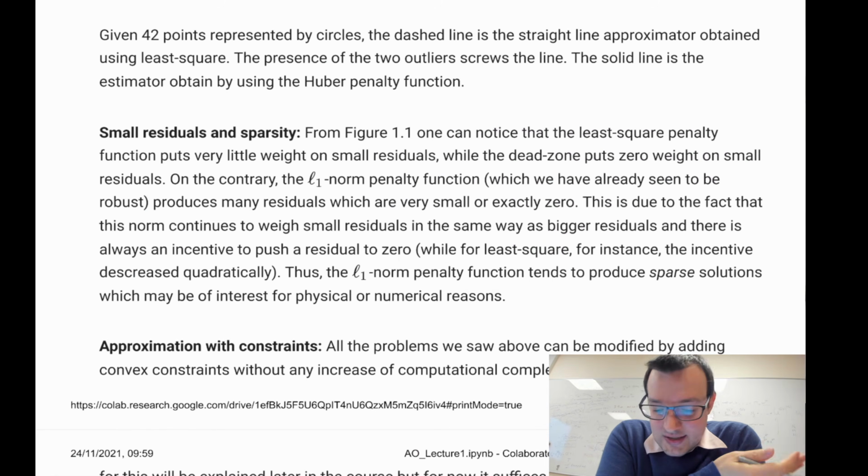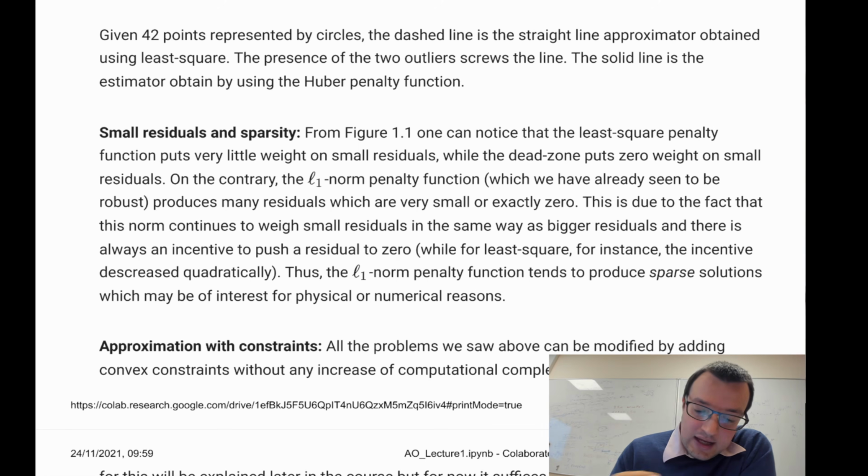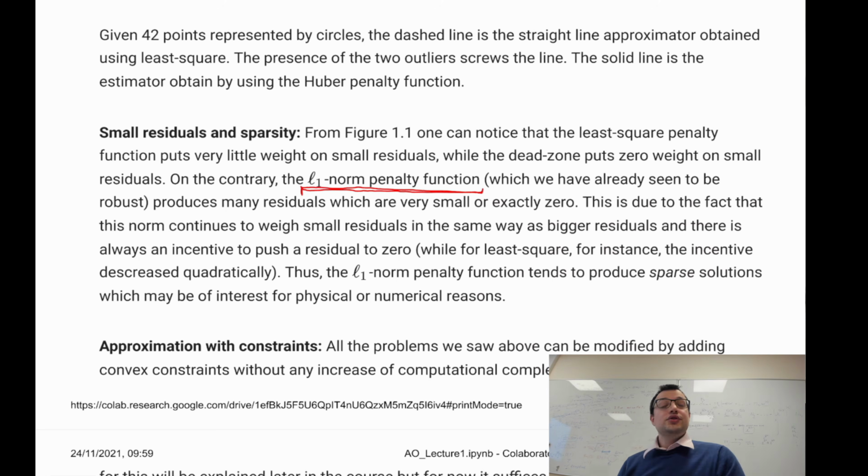We already discussed the fact that the L1 norm produces a lot of residuals which are 0. This is an important property of the L1 norm. So the L1 norm is a very important norm. It also produces robust results, as we will see later.